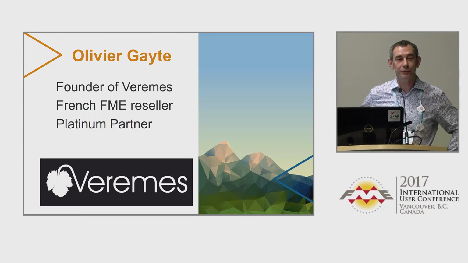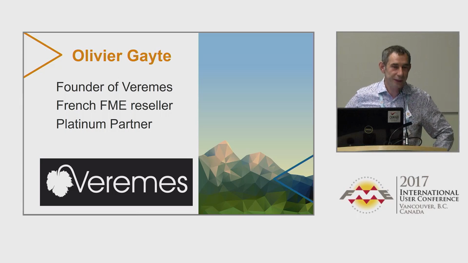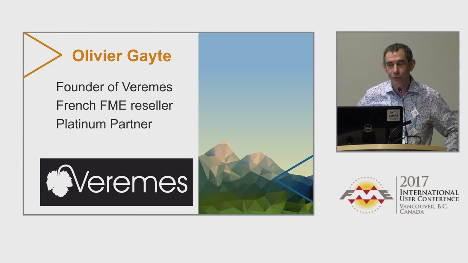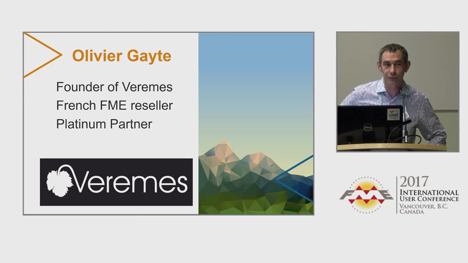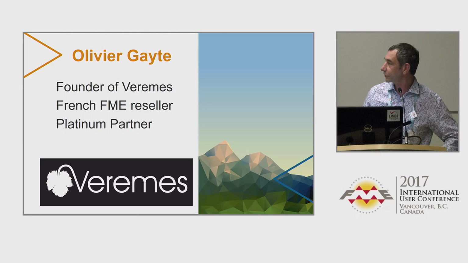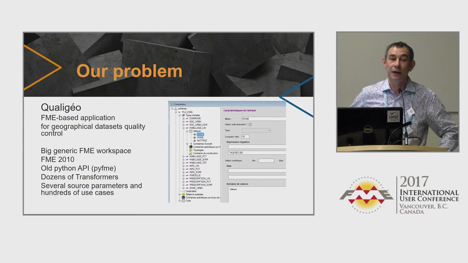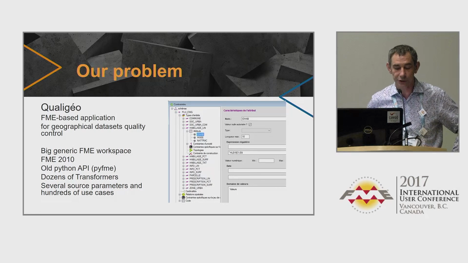Today I would like to talk to you about testing. I'm not really a testing specialist, but I would like to tell you why and how we have been led to develop a testing tool dedicated to FME project workspace. Our initial problem was to improve an application called Caligio.